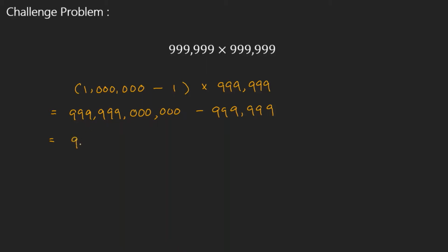So what we have is 5 nines followed by an 8, and this 8 is the result of borrowing 1 out of this 9. Then we have 1 followed by 6 zeros minus 6 nines, and that will essentially give us 5 zeros ending with a 1. So this is our final product.